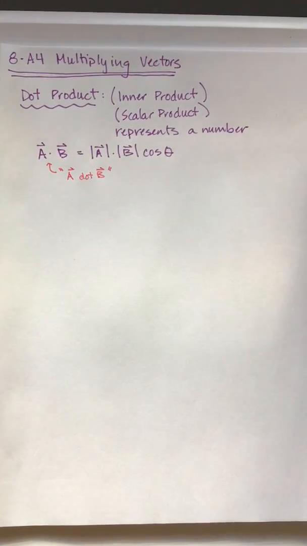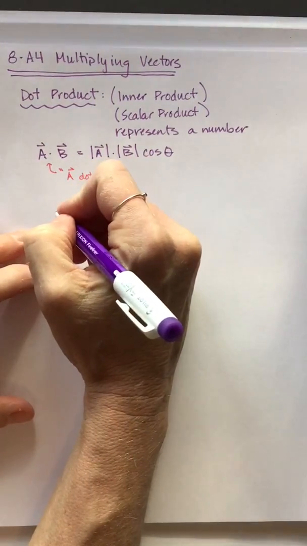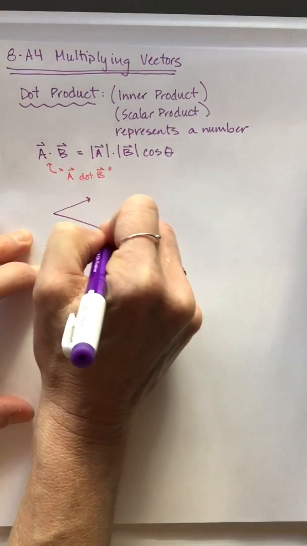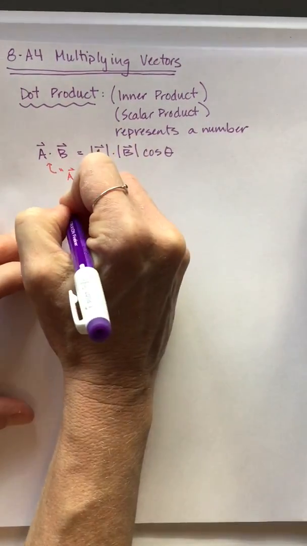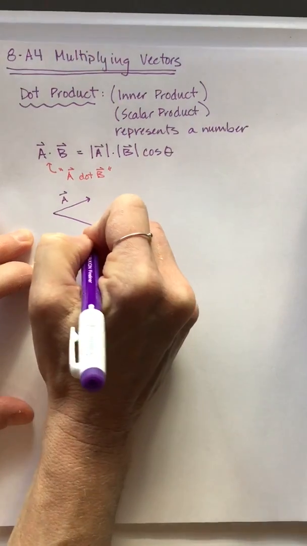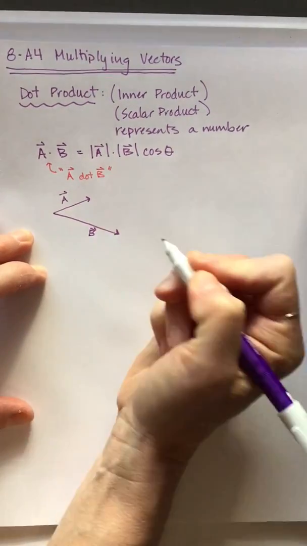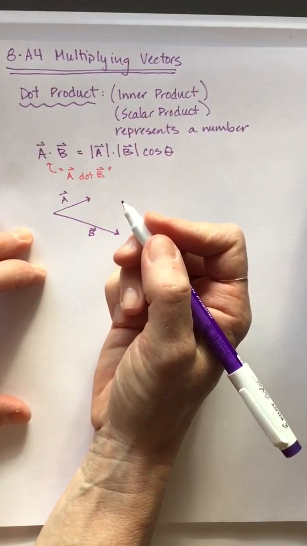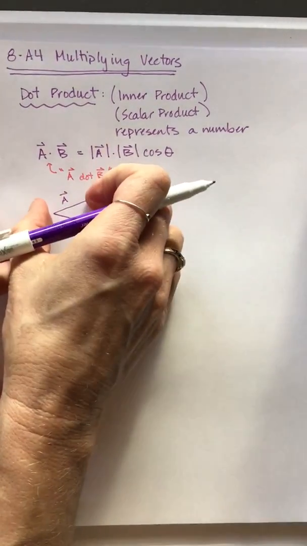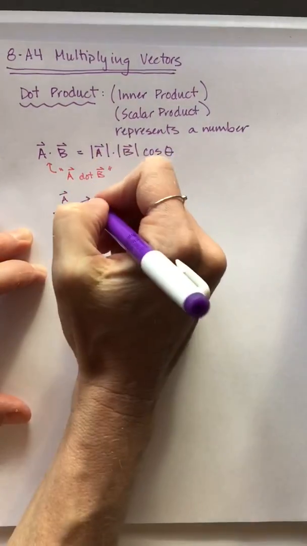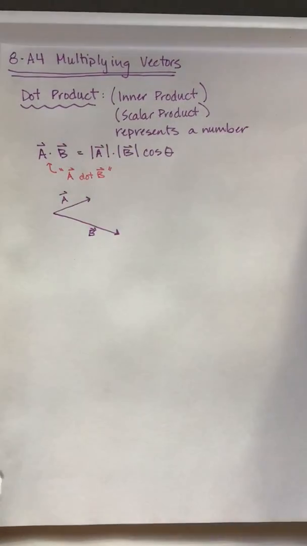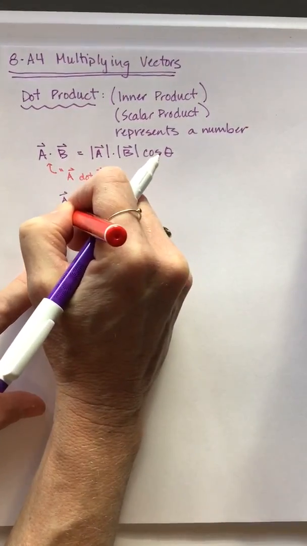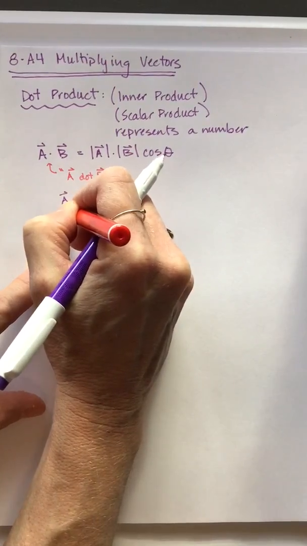Okay, so let me see if I can explain what this means. Let's say you have these two vectors, vector A and vector B. What the dot product is, is the projection of A onto B. So you've got two vectors going in different directions, with a certain angle between them.